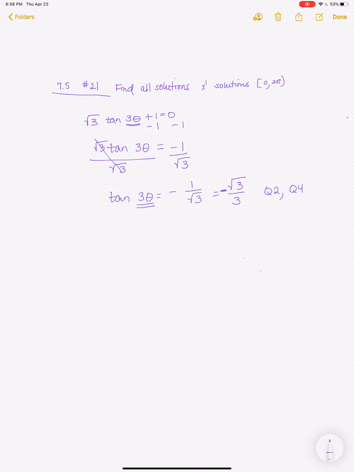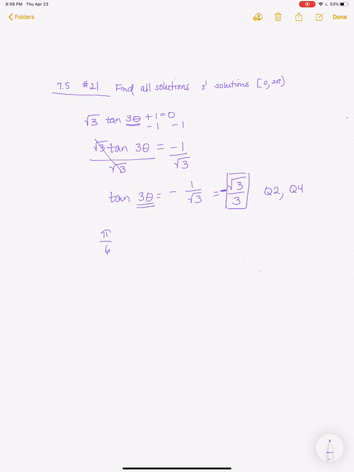Now, when you're looking for your angles out of quadrants 2 and 4, you want to remember what your reference angle would be. Your reference angle is your acute angle out of the first quadrant, where it's positive. So you're looking for the tangent of 3 theta being the square root of 3 over 3. Well, that reference angle is going to be pi over 6.